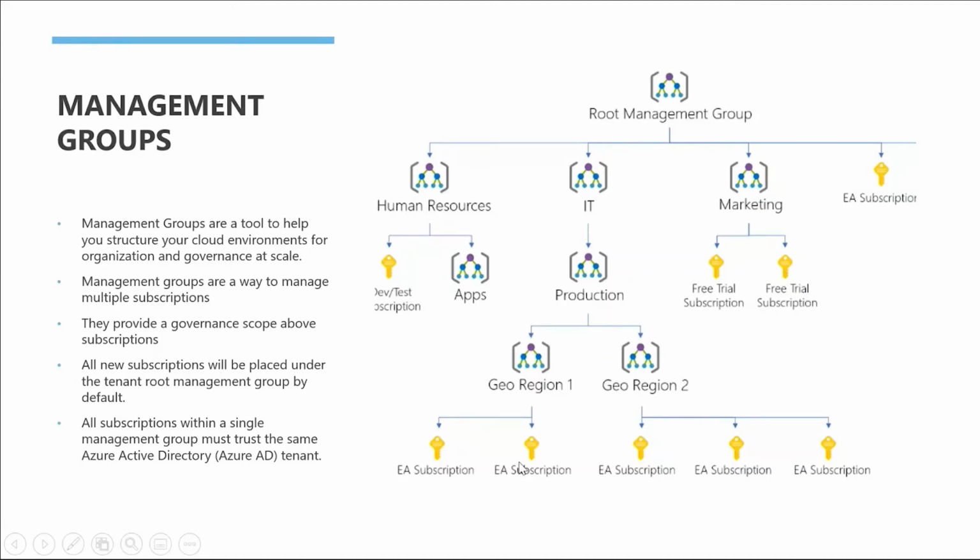The trial subscription that you signed up for comes built in with one Azure Active Directory, and all the subscriptions provisioned within a management group must trust that same Azure Active Directory. So currently, when you're in Rapid Circles tenant, you can switch directory to a different tenant, right?